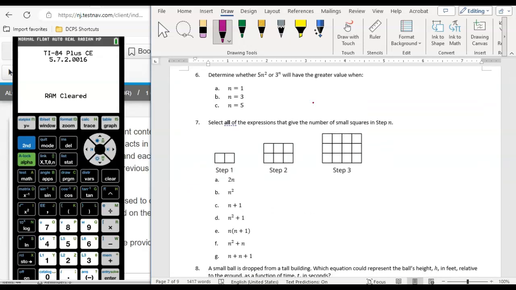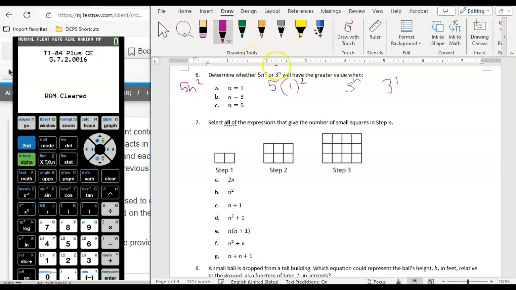All right, number 6. Determine whether 5n squared or 3 to the n will have the greater value when n equals 1, n equals 3, and n equals 5. Here you're just plugging these in. So 5 times 1 squared versus 3 to the first power. I also totally wrote that wrong. This is what it should look like, and this should be 3 to the first power, right?